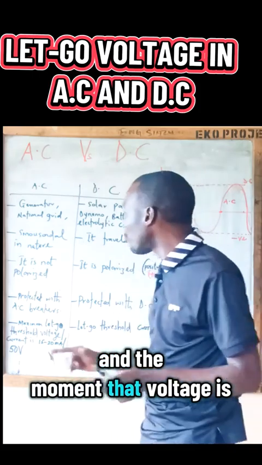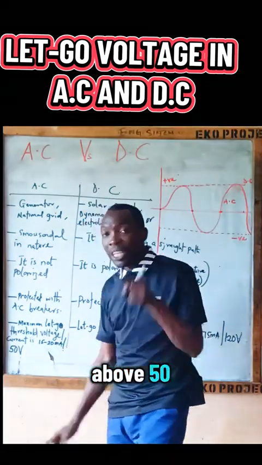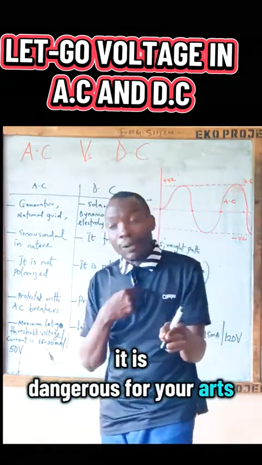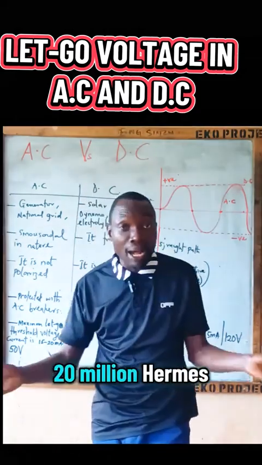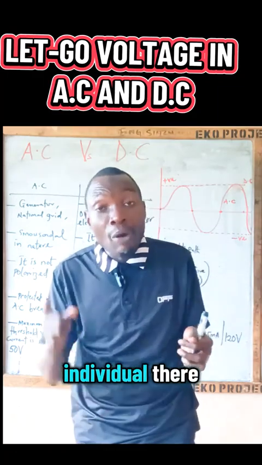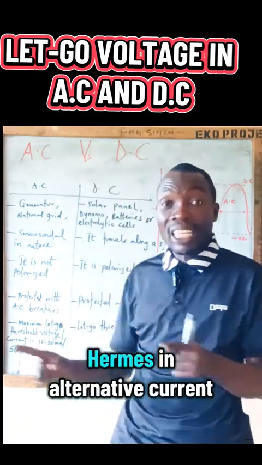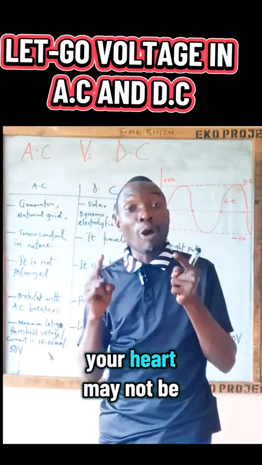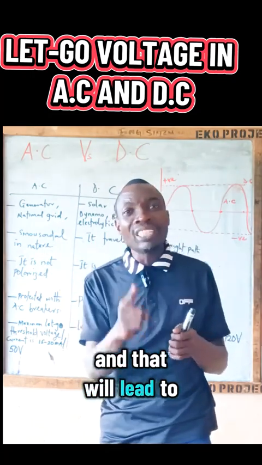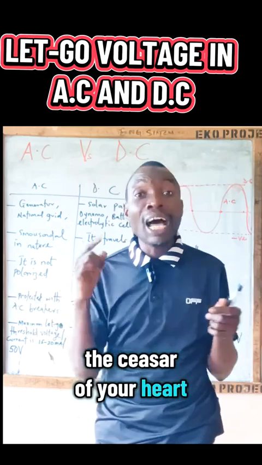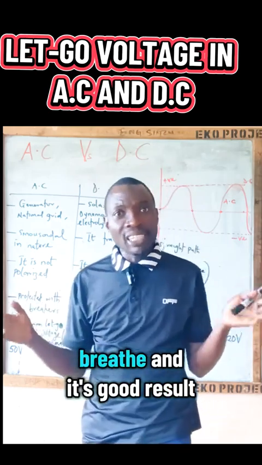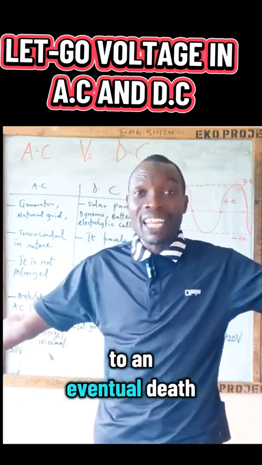And the moment that voltage is above 50, it is dangerous for your heart. And the current is above 20 milliamps, depending on the body of the individual. But once it is above 20 milliamps in alternating current, your heart may not be able to withstand it. And that could lead to the seizure of your heart. The heart may cease to beat, and it could result in eventual death.